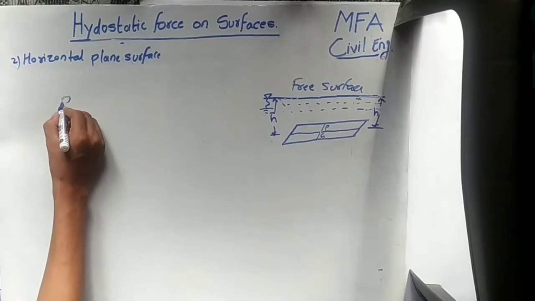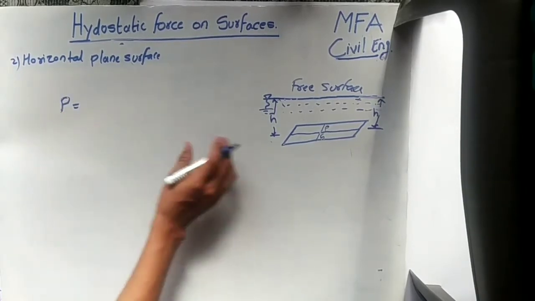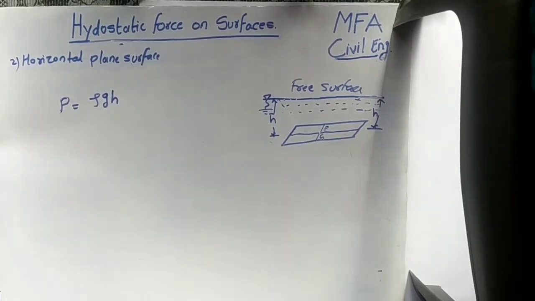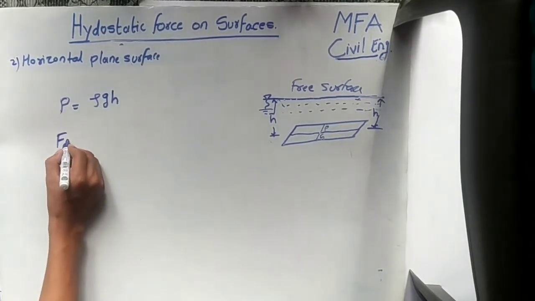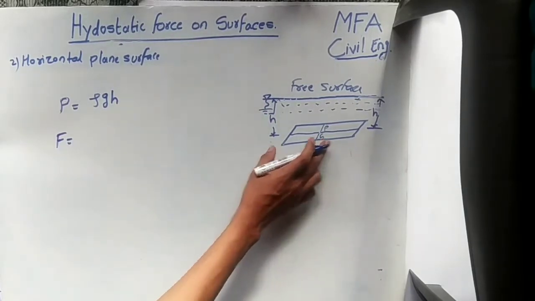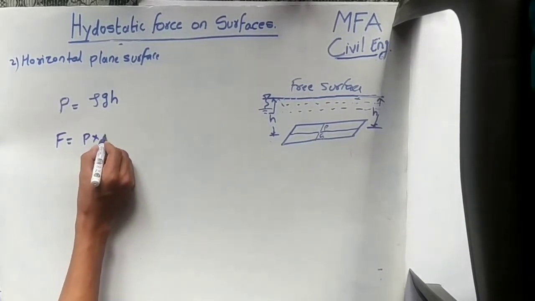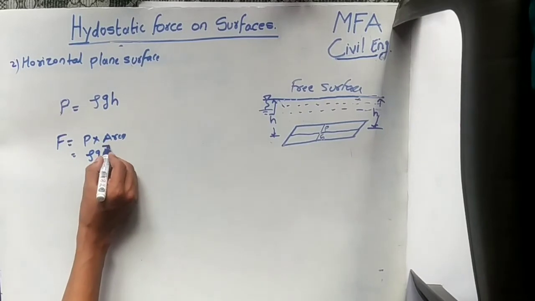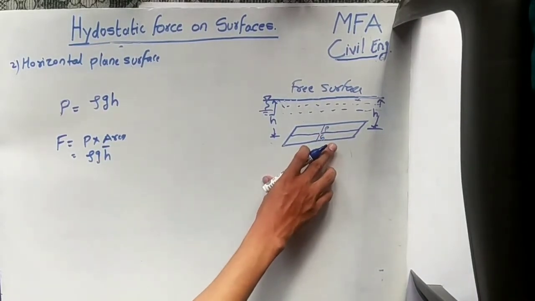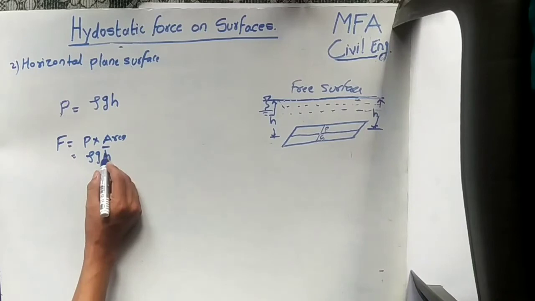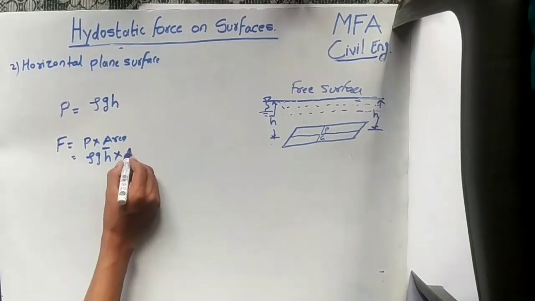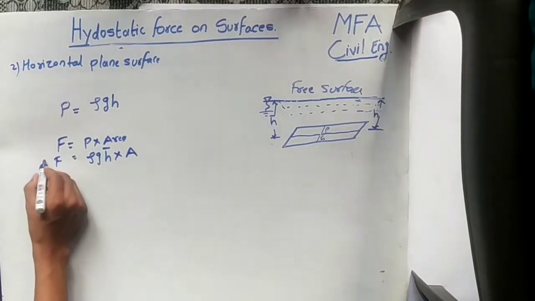Now the pressure intensity at any point on this plane is equal to rho into acceleration due to gravity into height, and the total force acting on this plane is equal to the pressure into the area of this plane. The pressure is equal to rho into g into h bar, as every point is at an equal height, so I write h as h bar, the height of the center of gravity from the free surface, into the area of this plane, A. F is equal to rho g A h bar.